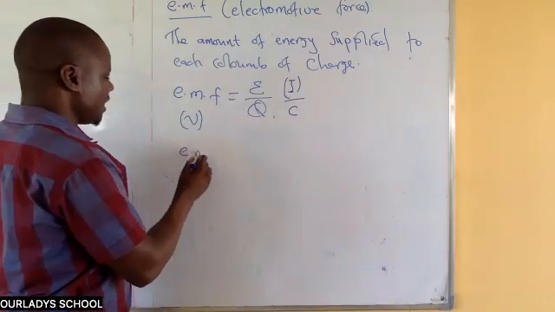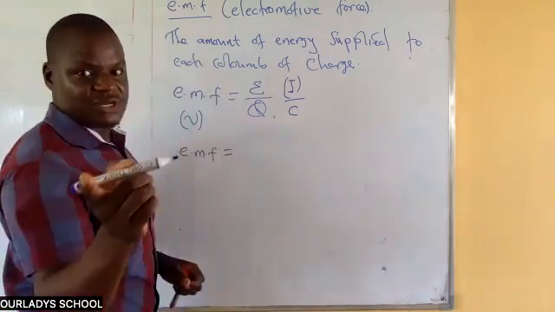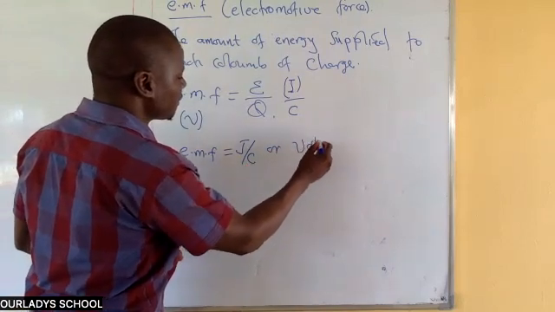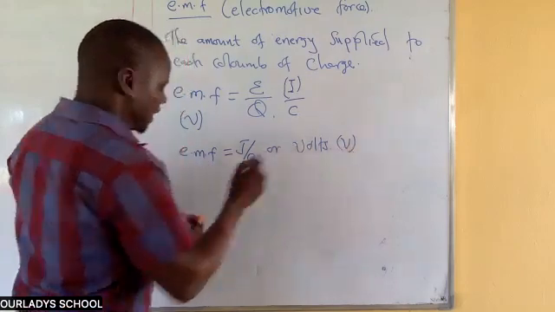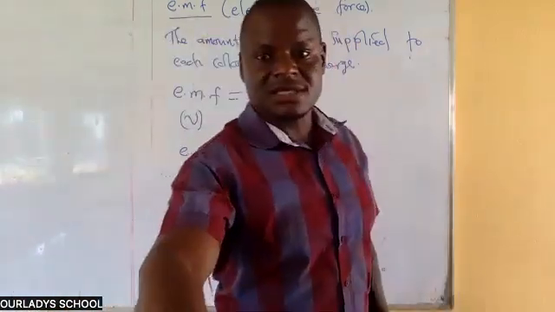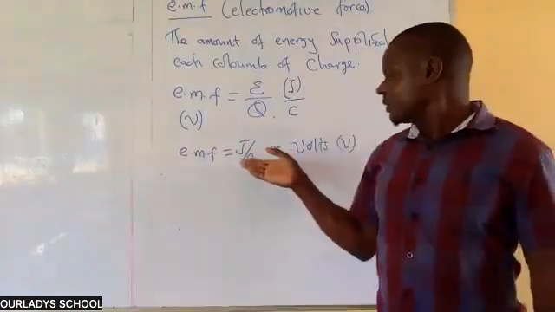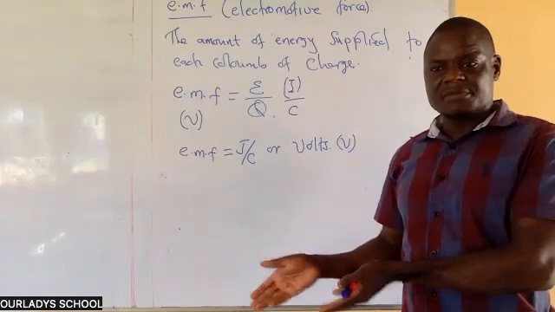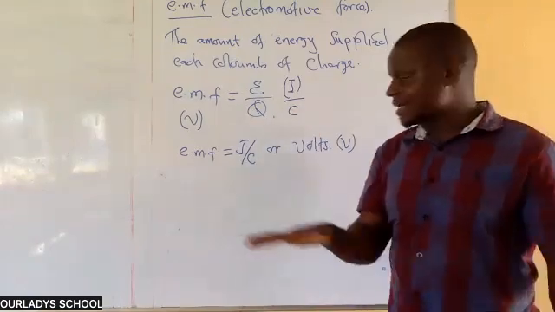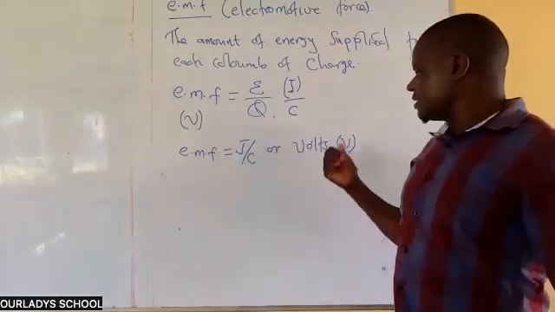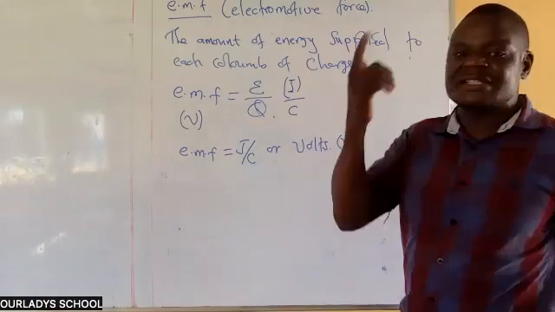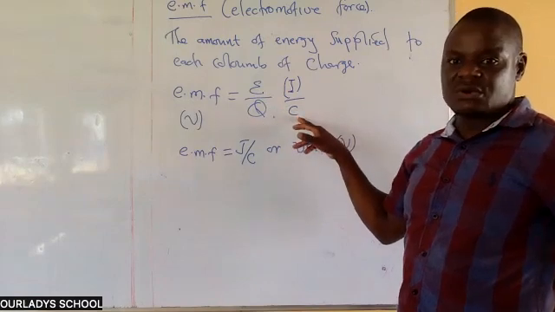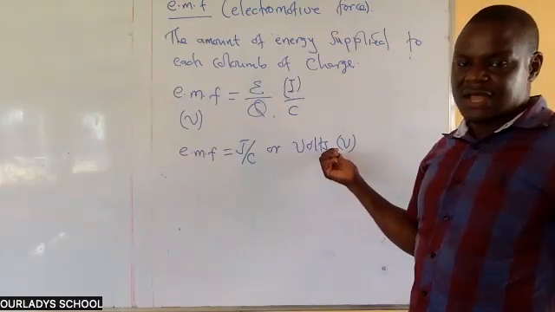So the first unit that I'm going to give you is joule per coulomb, or volts, whose symbol is V. At times in physics, they do ask us to do derivation of formulae or provide alternative units, that's why I'm giving them all. The first unit is joule per coulomb because energy is measured in joules and charge is measured in coulombs. The other one is the volt.